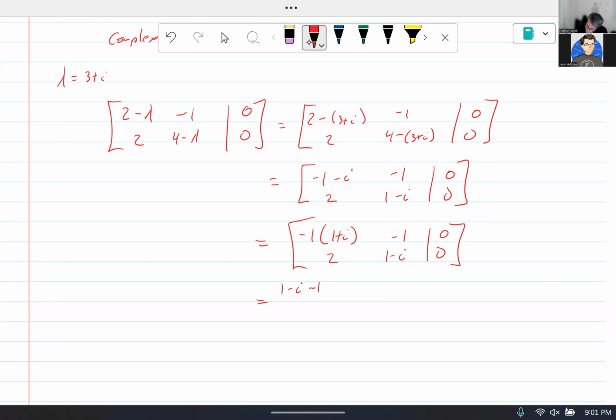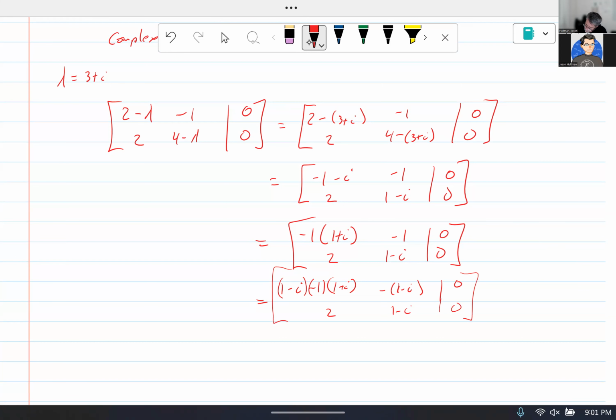I would get -1 and 1 plus i, and then -1 minus i, 0. This row doesn't change. This is 2, and then 1 minus i, and then 0.